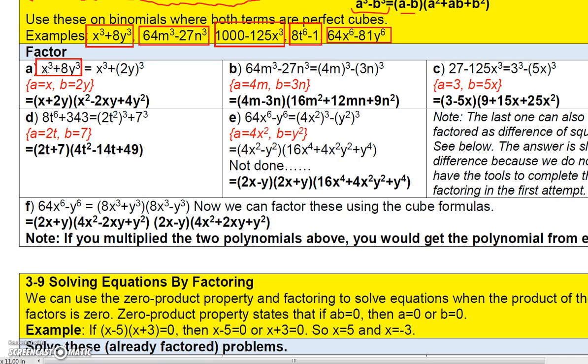So this one's easy. You just cube x to get x cubed. But what do you cube to get 8y cubed? You actually have to cube 2y. So since you cube x to get this, then a would be x in the formula. And then since you cube 2y to get this, then b would be 2y.